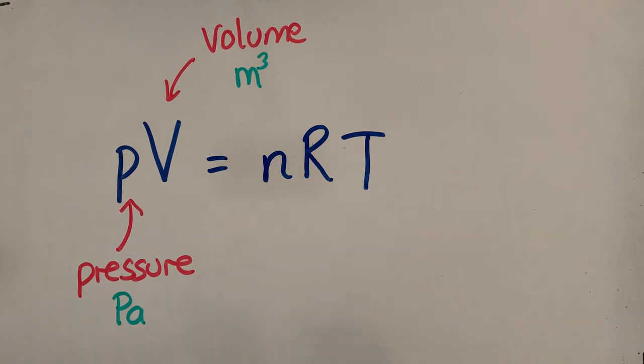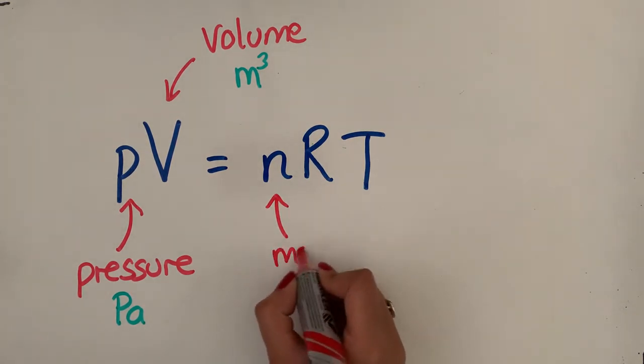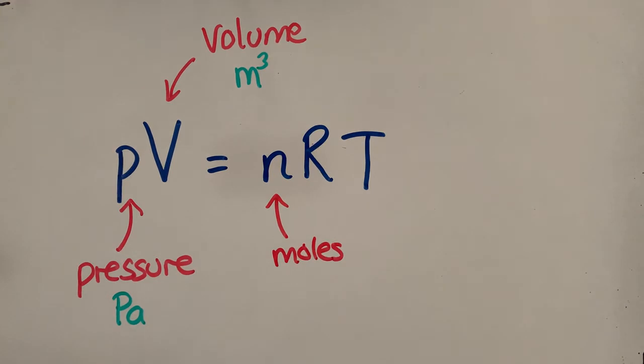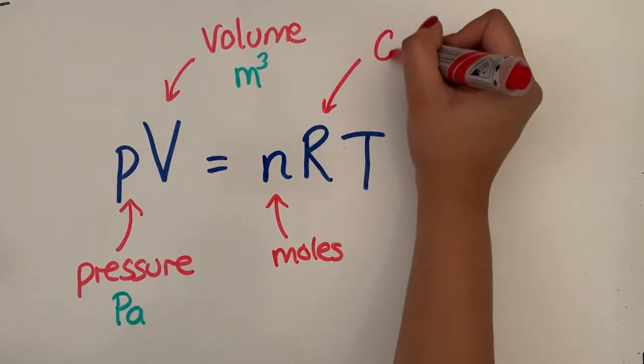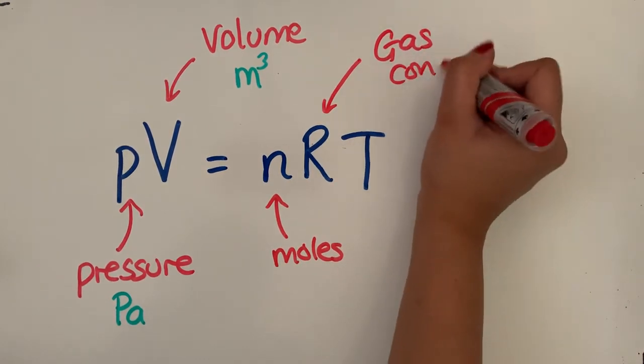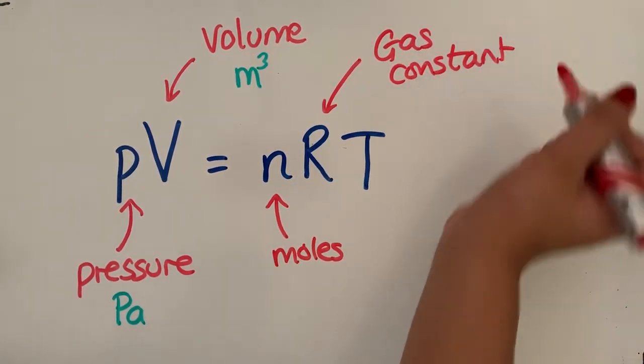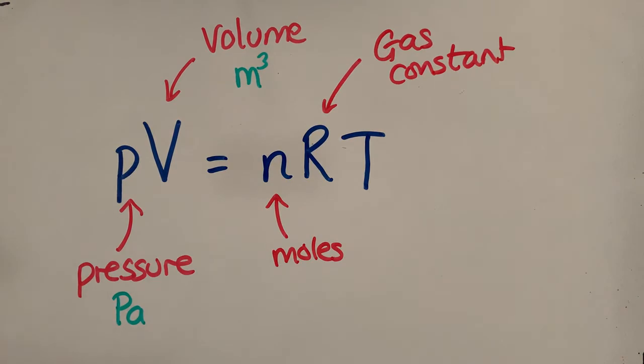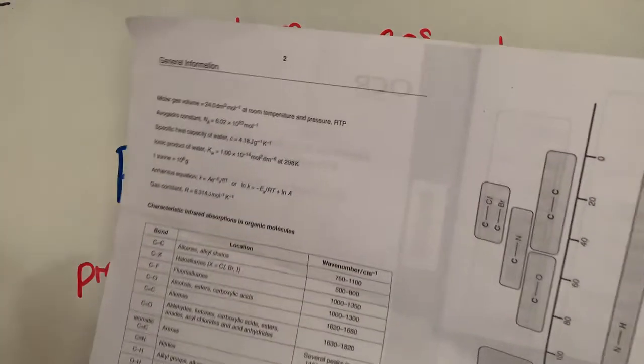The lowercase n just means the number of moles or the amount of substance, so the units are moles. The R is something that you haven't come across before. R is what we call the gas constant. It's a constant, so it never changes, and it is not something you need to memorize, it is found in the data sheet.